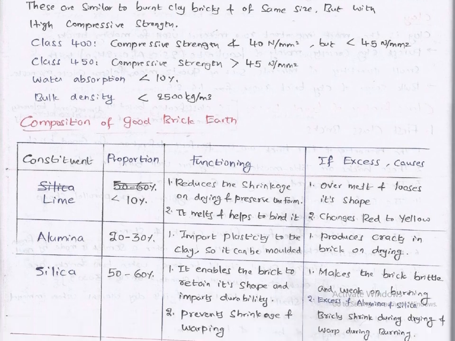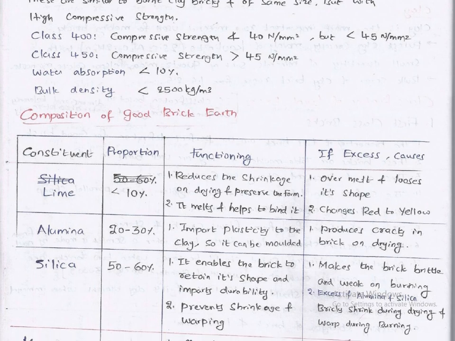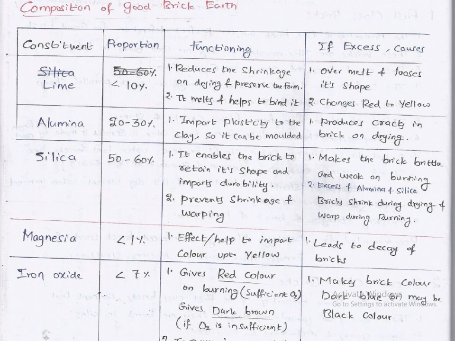These are the disadvantages of excess quantity of silica. The other functions of silica are preventing shrinkage and warping, whereas the disadvantage is that if in excess it may distort its shape.